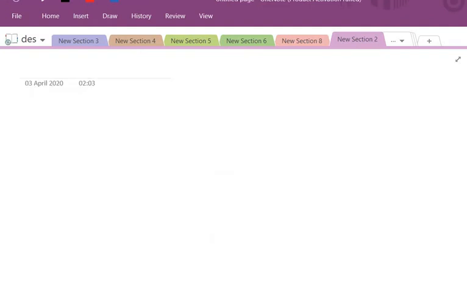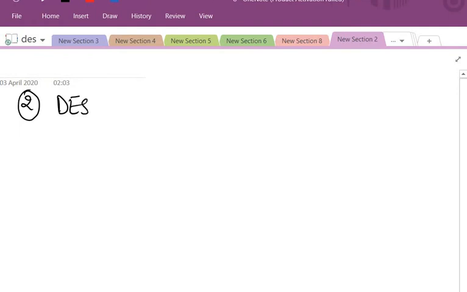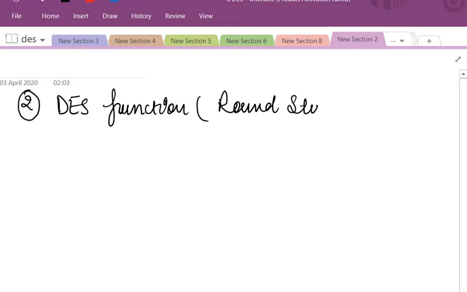Now the final part, that is called the DES function, meaning a round structure. The round structure is because the round is a Feistel round.